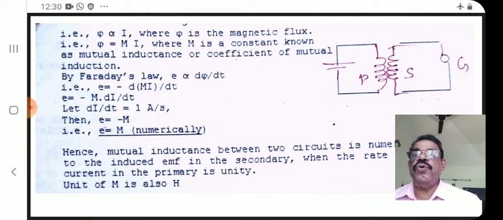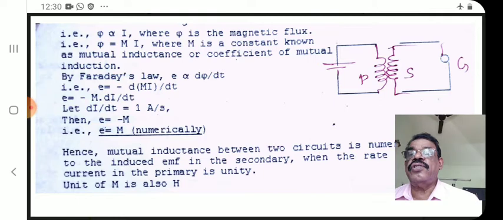And you know Faraday's law, E is proportional to d phi by dt, or E is equal to minus d phi by dt by applying Lenz's law also. In the place of phi, you put MI. That is, E is equal to minus d by dt of MI. Since phi is MI, M is a constant which is taken in front.